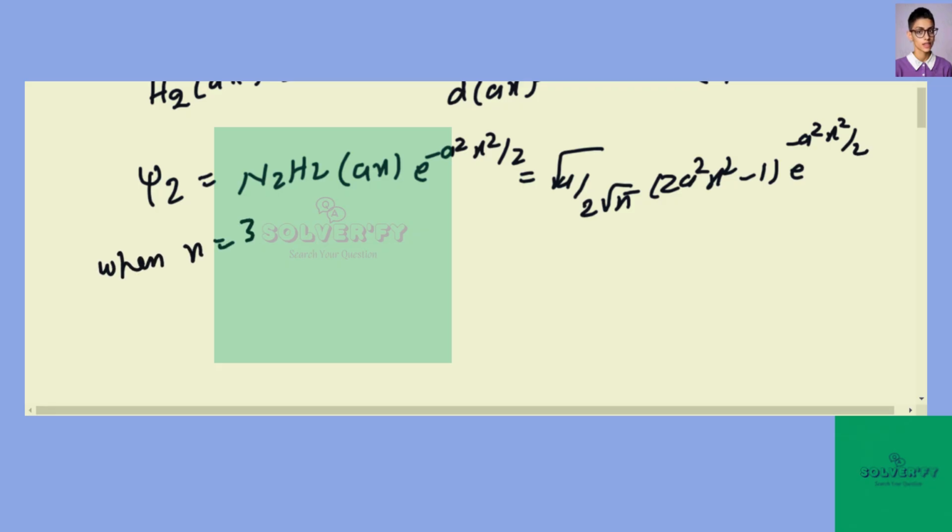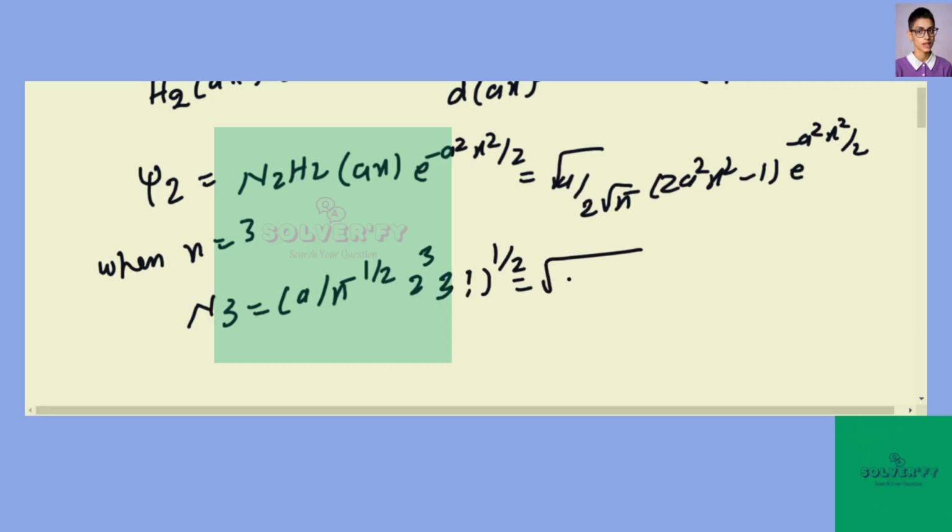And when n is equal to 3, this N3 is equal to (a over pi) to the power 1 over 2 times 2 to the cube, and 3 factorial, times 1 over 2, and this is equal to square root a over 48 times square root pi, and this is equal to a over 3 square root pi over 4, right?